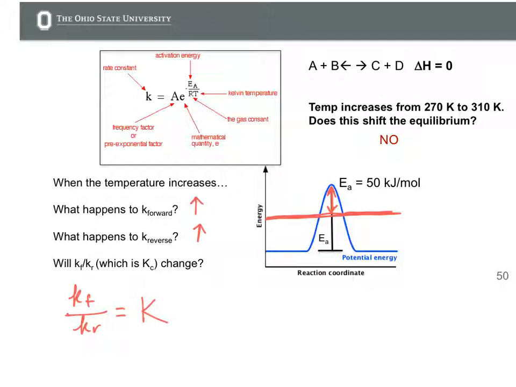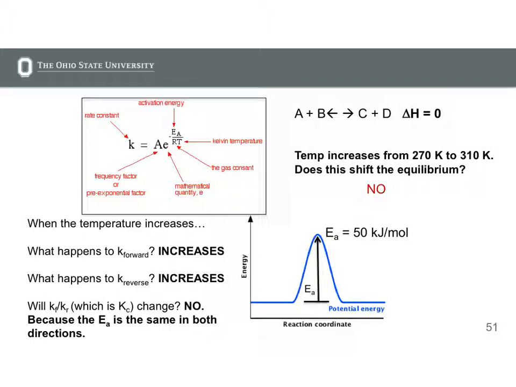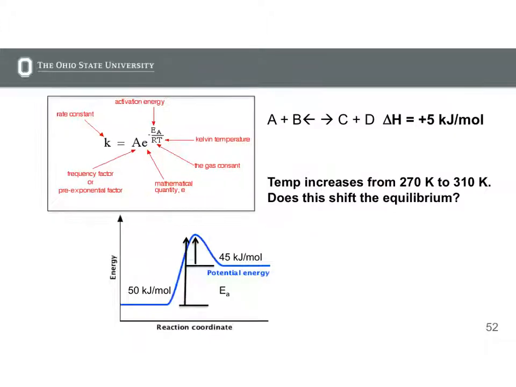If those are increased by the same amount, big K is not affected overall. Does that make sense? Slide 51 just summarizes what I said.